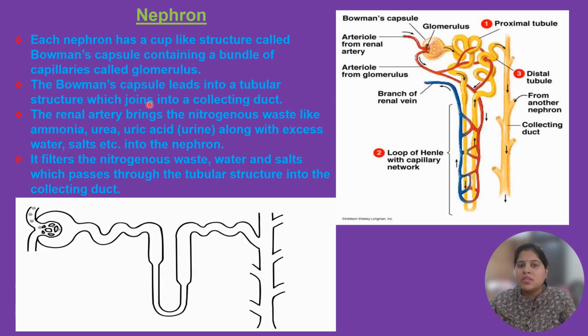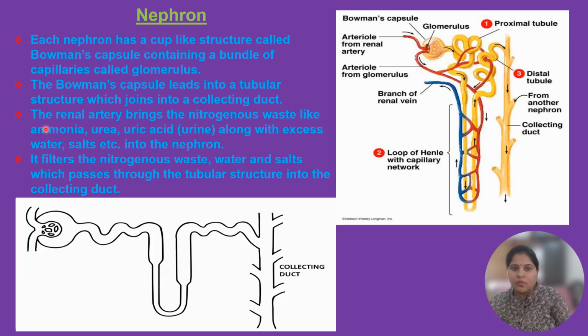Now, Bowman's capsule leads into a tubular structure which joins into a collecting duct. Now you can see this Bowman's capsule. You can see these carry the oxygenated blood, and yellow is the extension of the collecting duct, and the blue veins are the renal vein.